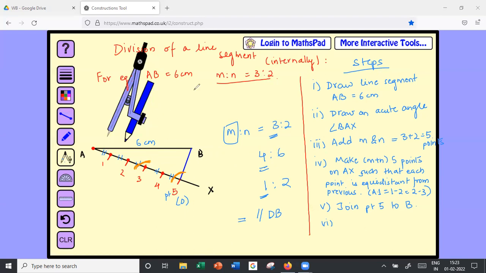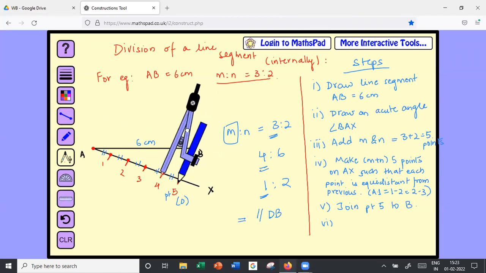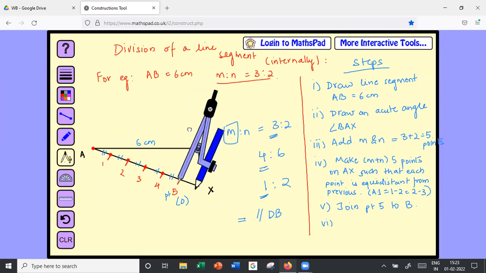Okay. How do you do it? It's simple. You just take your compass. Place it on point 5, and you draw a small arc.